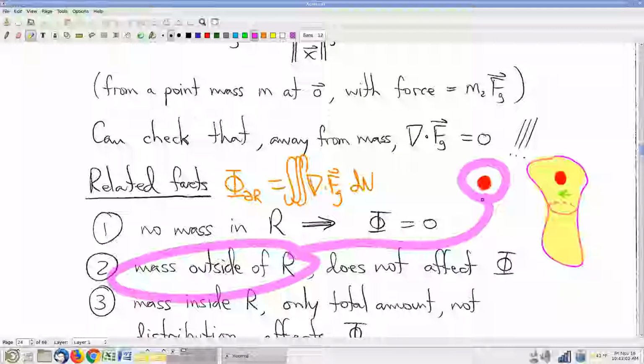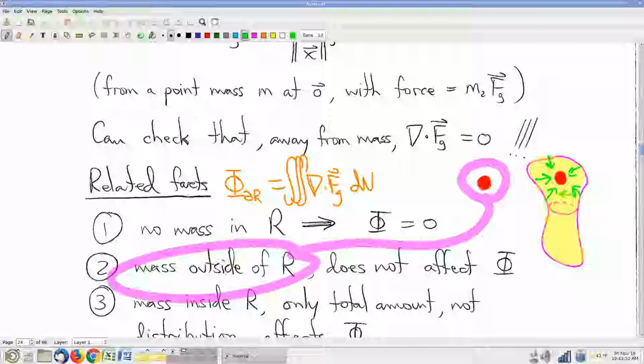Now, the mass on the inside is going to create some flux, absolutely. And you can't do a divergence argument with mass on the inside because the divergence isn't defined at that point. Therefore, you can't do the triple integral. You can't say triple integral over solid if your integrand is undefined near a given point. So Gauss's divergence theorem crashes and burns there.